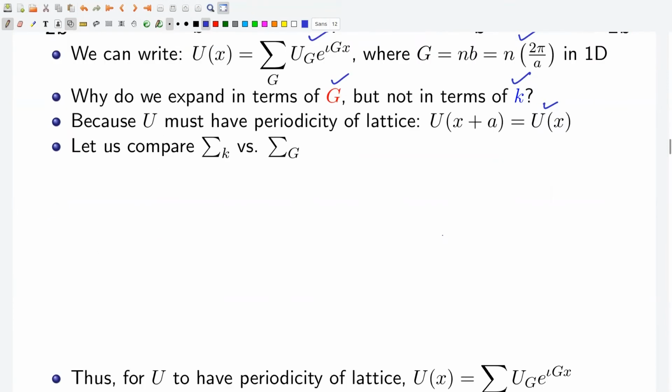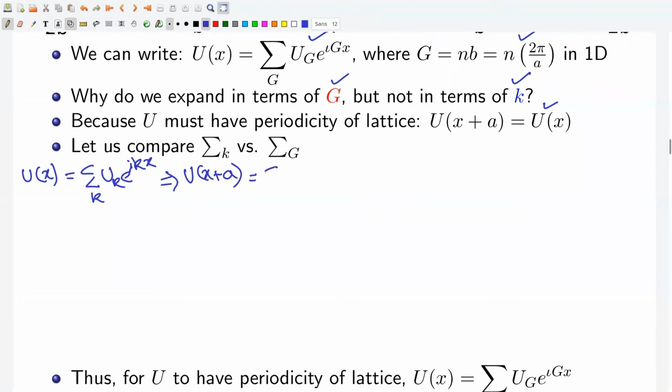If we write u using k points, then u of x is equal to sum over k u of k e power i k x. Now let us try to find u of x plus a.